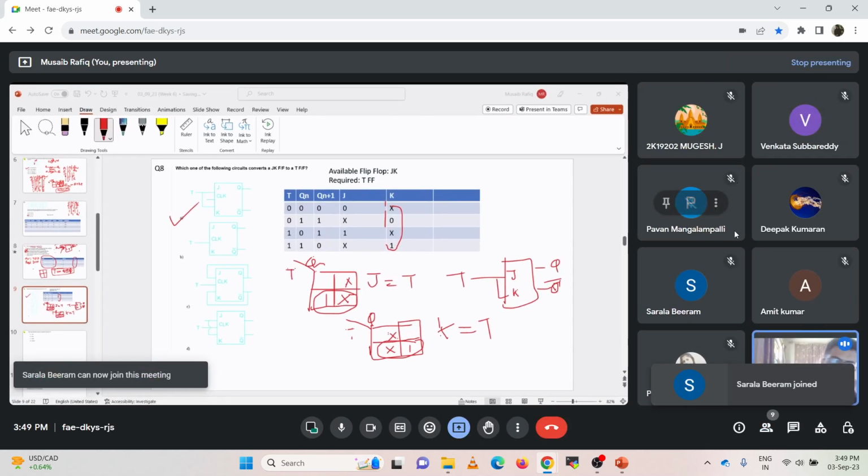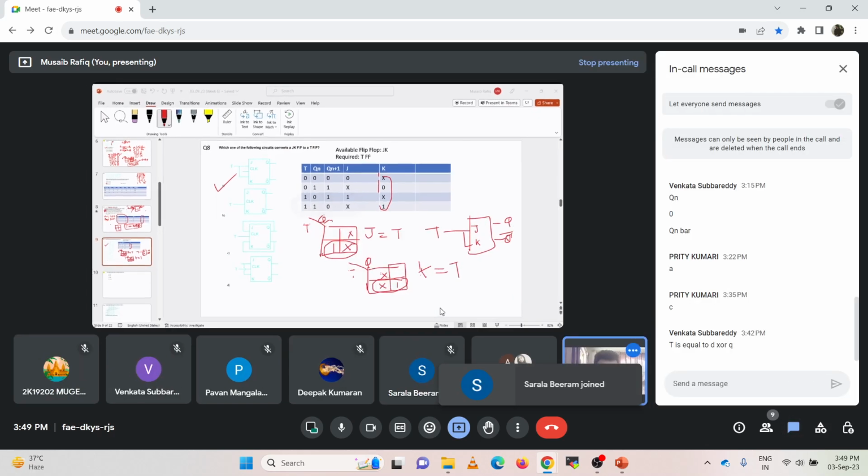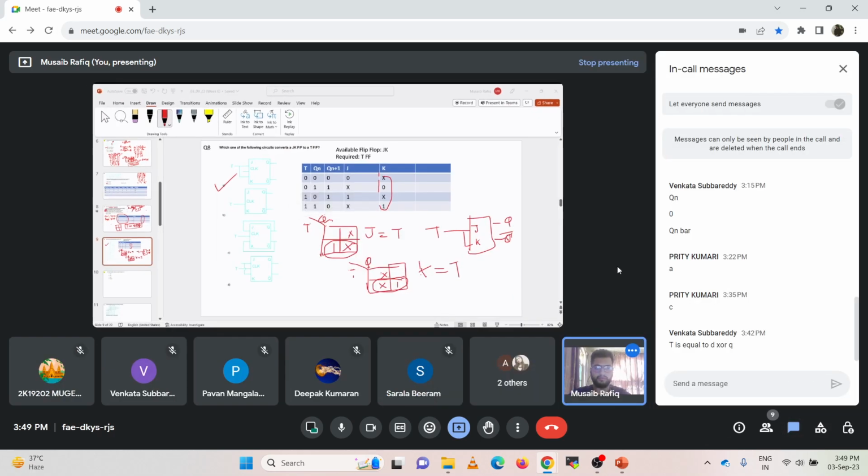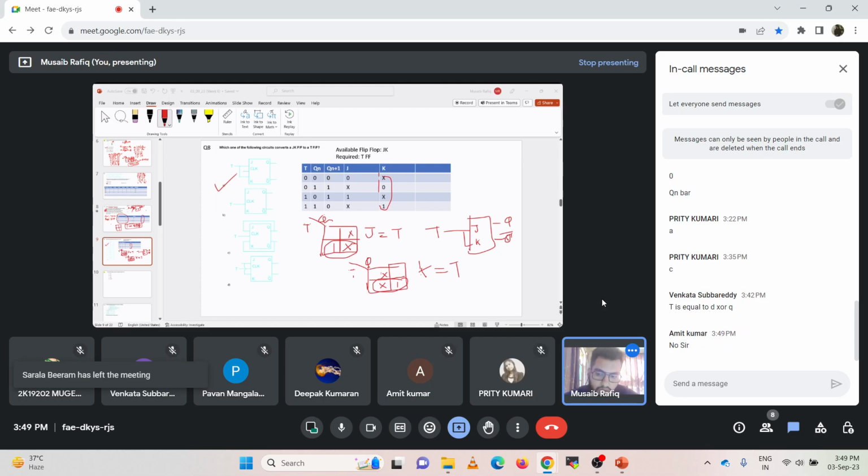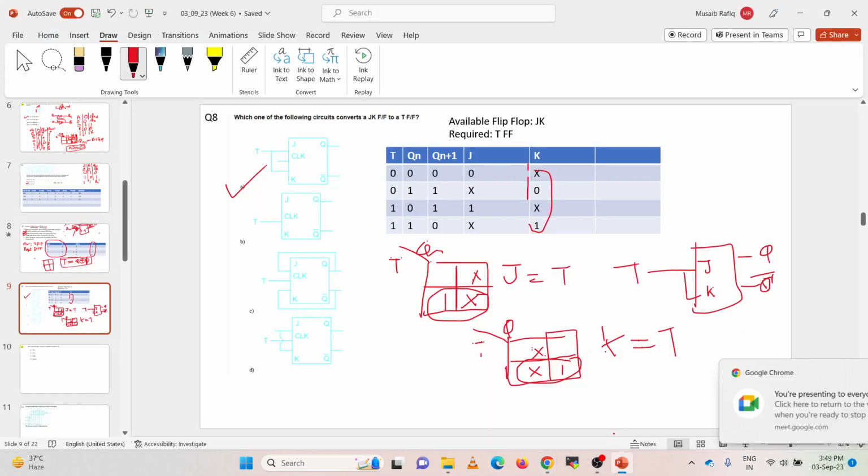So any doubts in here? Usually the mistakes I used to make are when writing the excitation table.